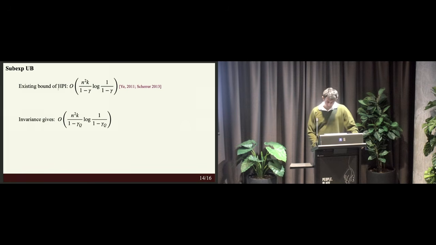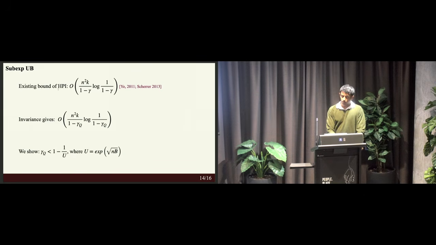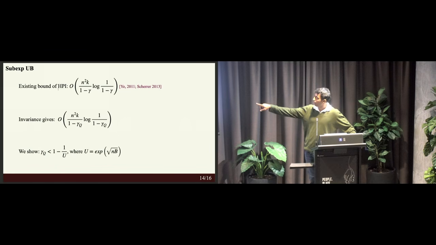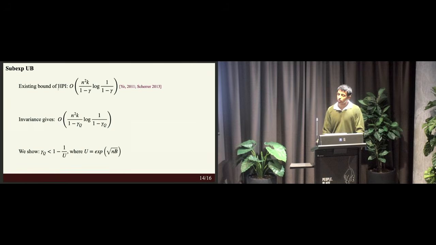And what we do is we show a bound on this gamma_Q to be sub-exponential in n, where n is the number of states and b is the bit size of the reward. So that directly gives us a bound which is sub-exponential for Howard's policy iteration.